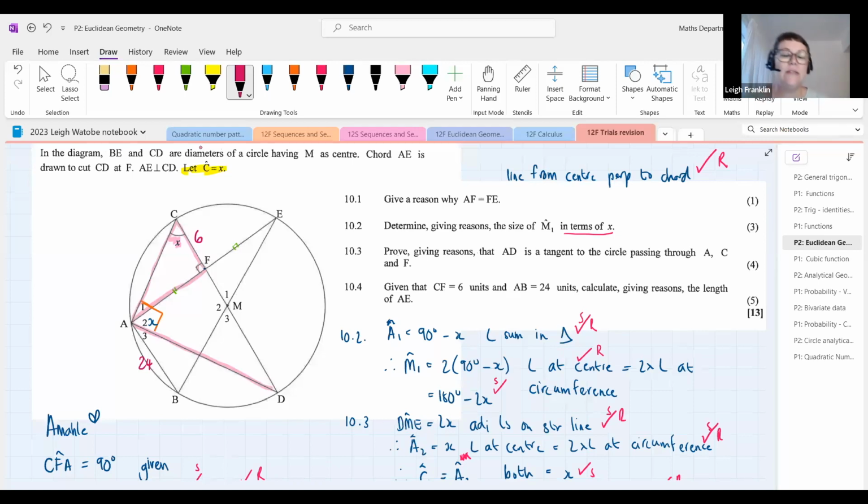What do you guys think we're going to use here? Indeed, because we've got these two right-angled triangles. Remember, that's also a right-angled triangle.